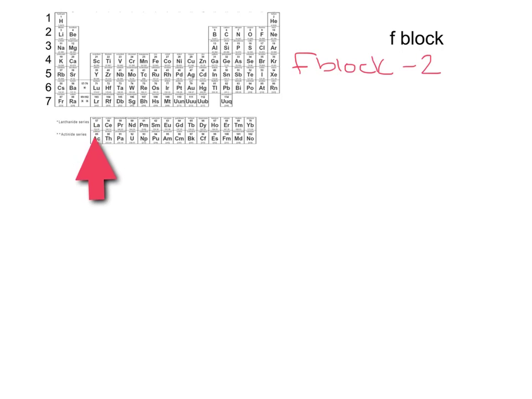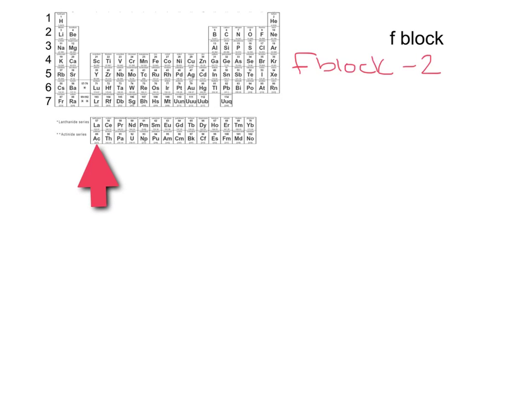It depends on whether La and Ac are plugged in here, or, on this version, Lu and Lr are right here, and usually those are found on the very end. So we've actually got not 14 across, we've got 15 across. So sometimes some elements fit in here, sometimes others fit in here. So there's some sort of flux.